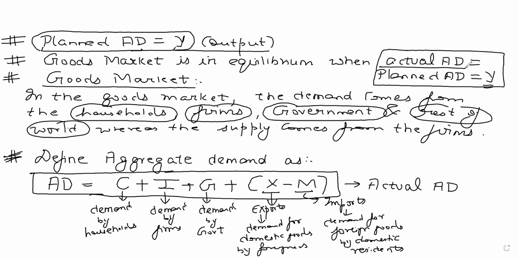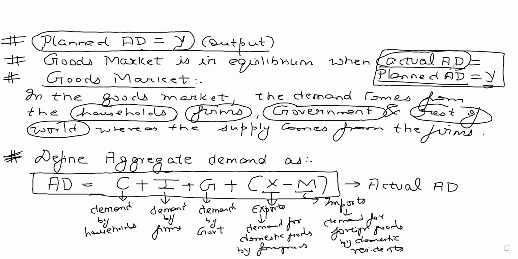The goods market is in equilibrium when the output I plan to produce is exactly equal to the actual aggregate demand. If the output exceeds the actual aggregate demand or is less than the actual aggregate demand, then my goods market is in disequilibrium. It is in equilibrium only when the output I plan to produce, given by my planned aggregate demand, equals the actual aggregate demand in the economy.